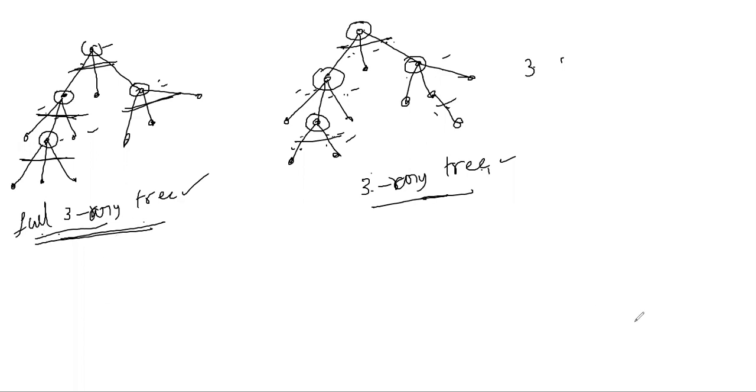Next, one more example. You take this example. First you recognize the internal vertices. Internal vertices means the vertices that have children. So this vertex has children, this is also an internal vertex, this is also an internal vertex.